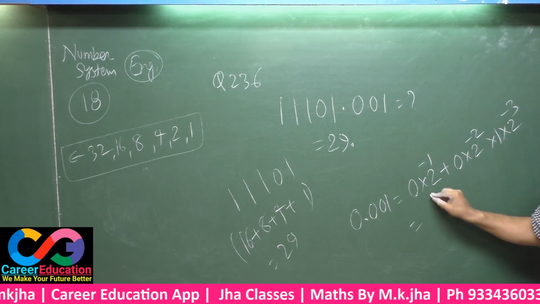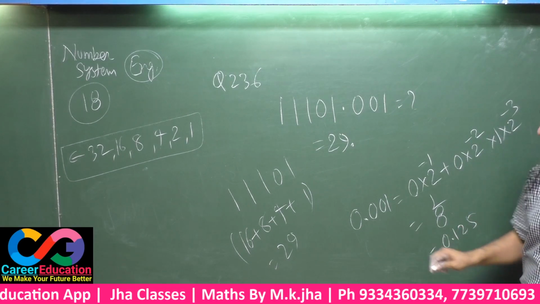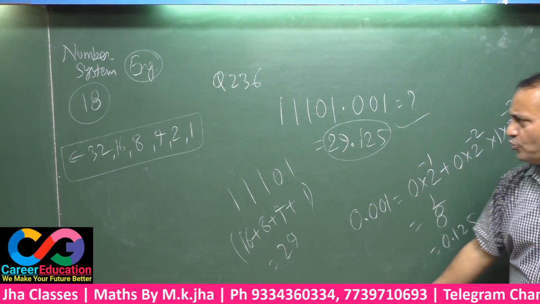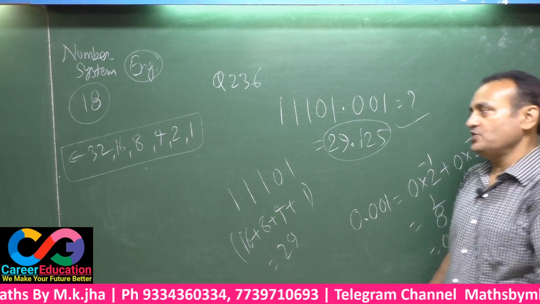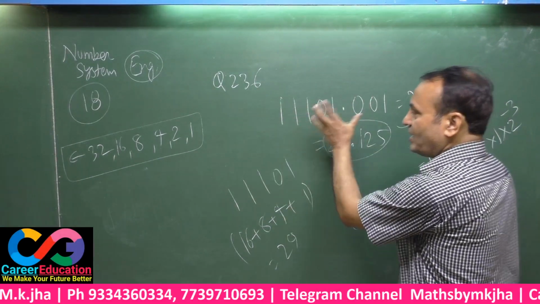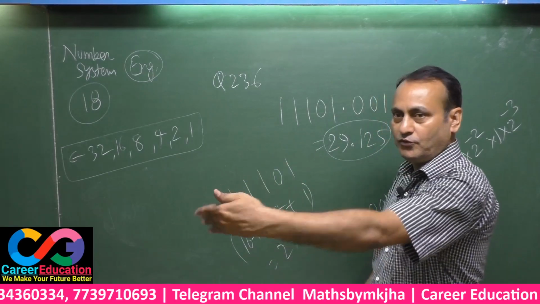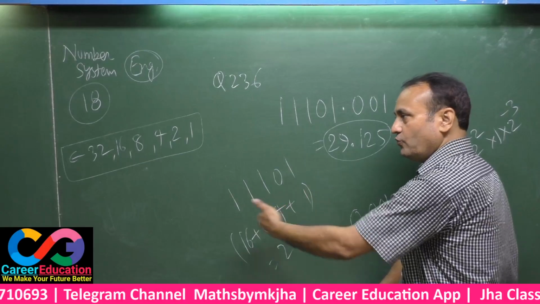This is 1 by 8 only, and 1 by 8 equals to 0.125, and your answer is 125. Note down. You have to solve such type of questions written in binary number system, but you have to answer in decimal system. This part must be taken as an integer that must be solved with the help of 1, 2, 4, 8, 16, 32 by doubling each and every term.